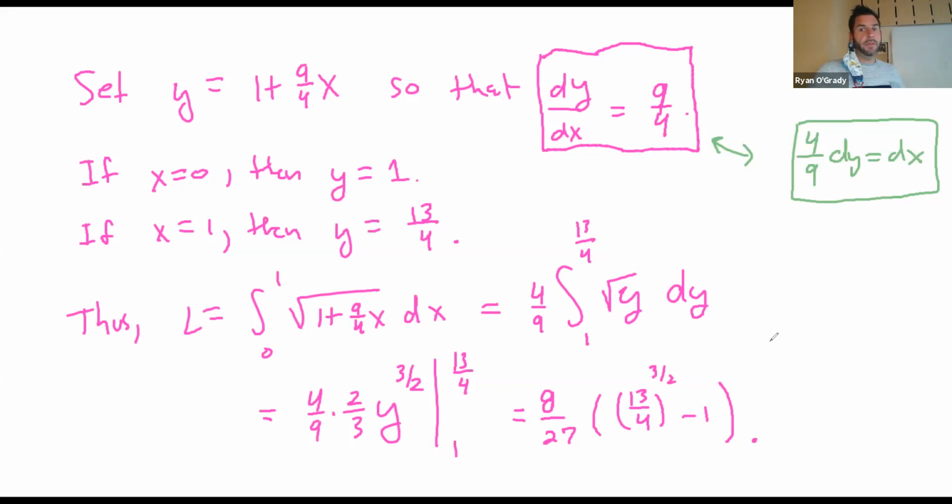Well, that's just 13√13. So if you want to write this clean, you can, and you should verify this for yourself without a calculator, that you get 1/27 times 13 square roots of 13 minus 1. You should verify that for yourself.